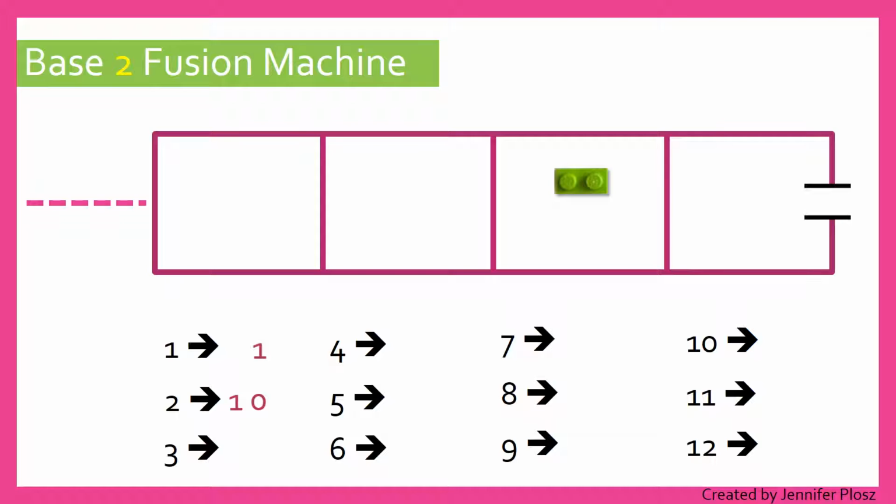We only had 2. So this is where we have to be really careful with our language and not talk about that as 10, but talk about it as 1, 0, because that's really what happened. We had 1 in one compartment and none in the first compartment. So we have to be really careful.